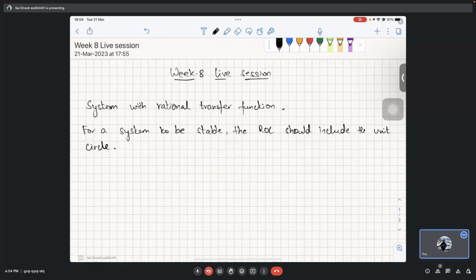And then we also need causal systems. So here we'll be talking about stable and causal systems.